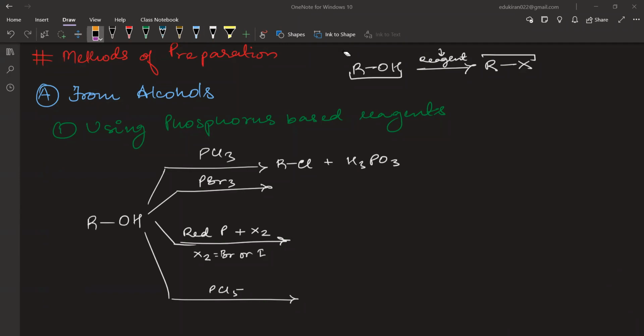Now, I think all of you can answer here also. It will be RBr. For the second case, I think everyone can say it will be RBr. Okay, what will be the fourth case? Tell me. Last one, what will happen with PCl5? What will be the answer? You can send in chat also. Yes, Khalid.